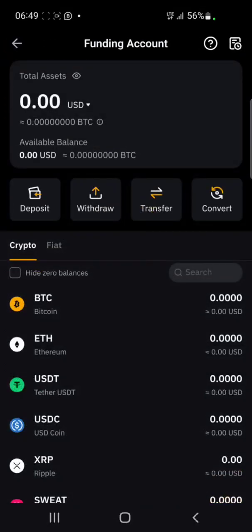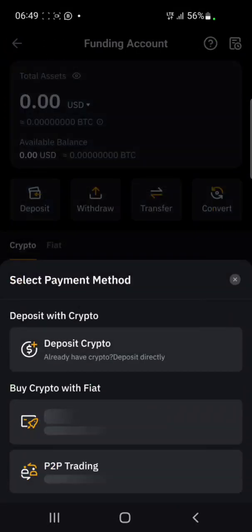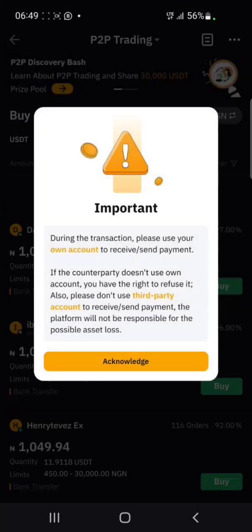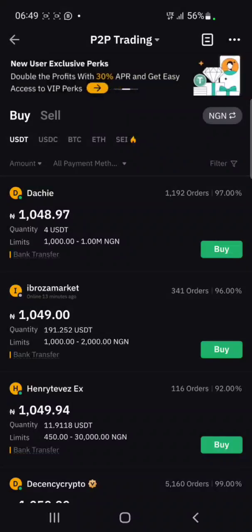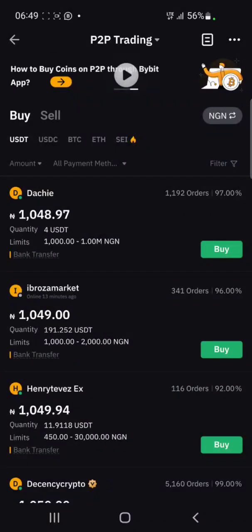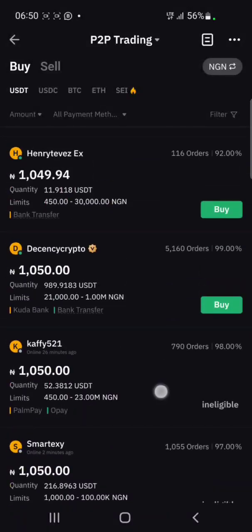But if you want to deposit with P2P, then you click on P2P trading down here. When you click on P2P trading, you want to deposit to this account. That means you want to buy cryptocurrency with your local currency.